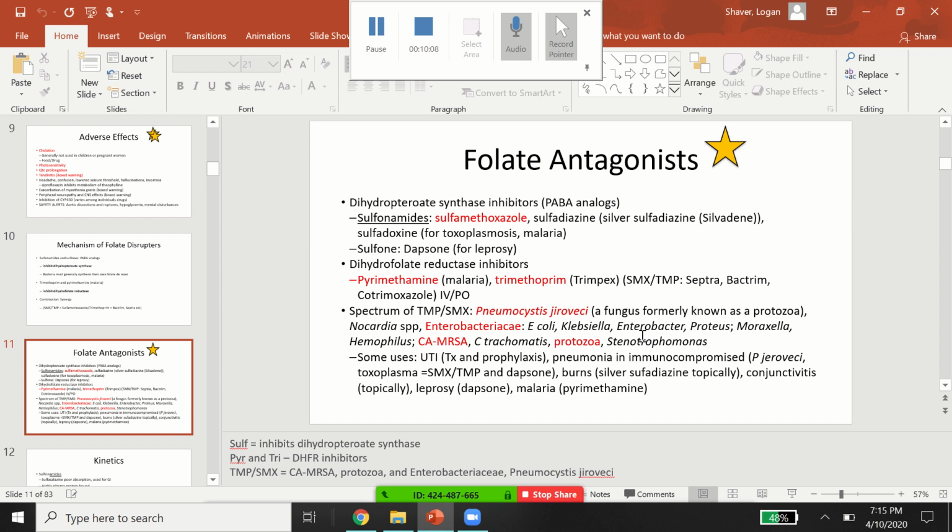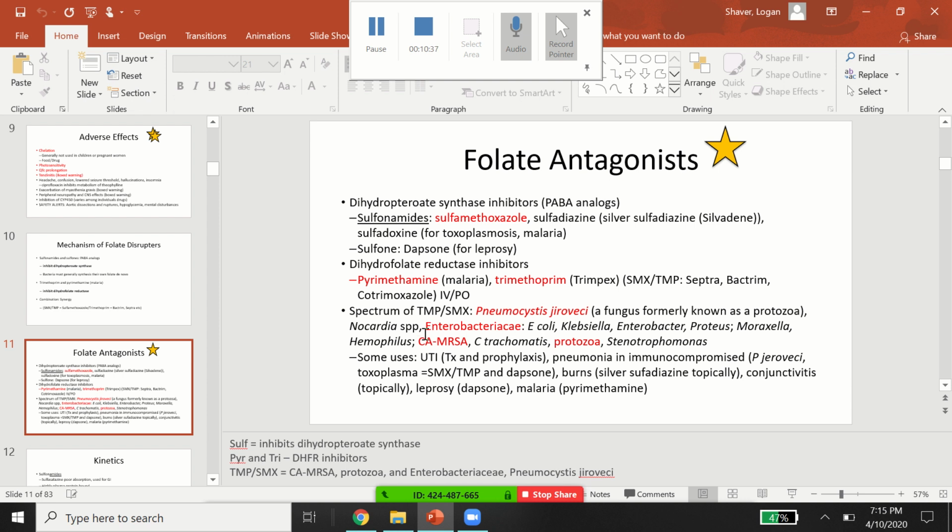Then on to just the spectrum of TMP SMX. So make sure you know the coverage for sure. Pneumocystis, I think that's how you say it, something like that. That's more common in HIV patients, I think. Don't hold me to that, but I'm pretty sure that specific organism is associated. It's one of those opportunistic infections with HIV patients.